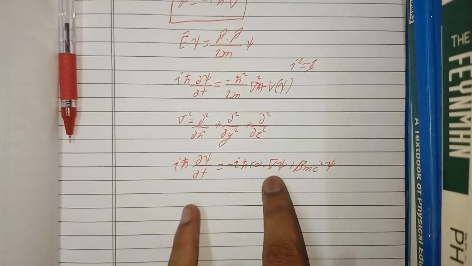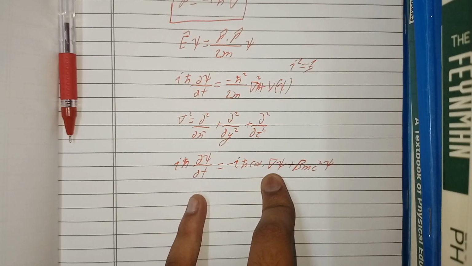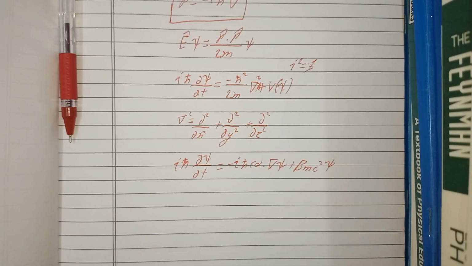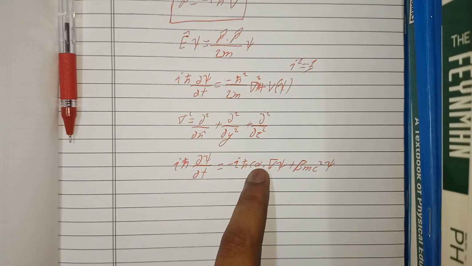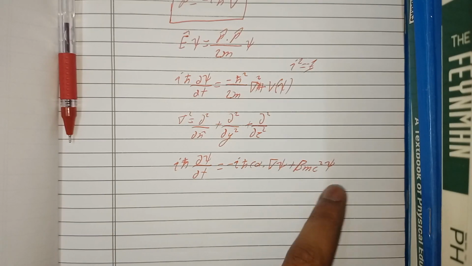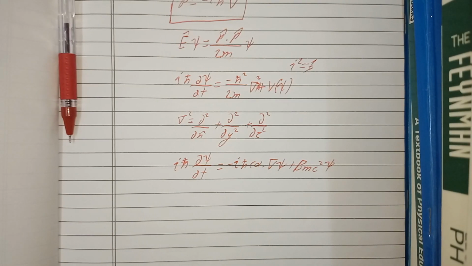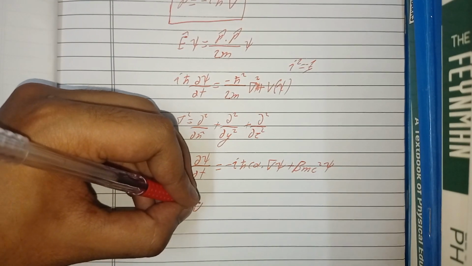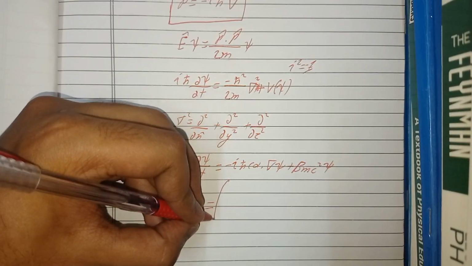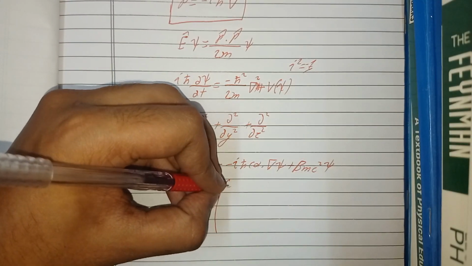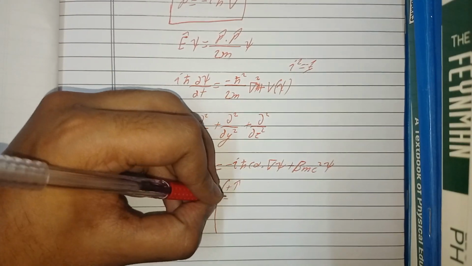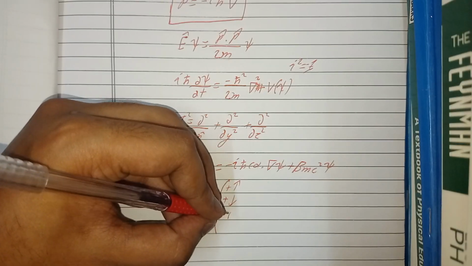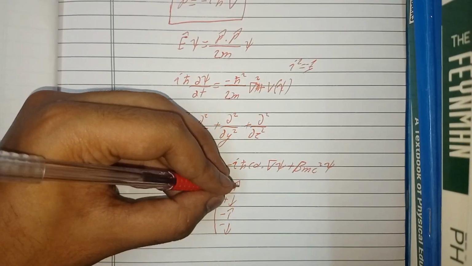Here we get the solution of this thing, and this wave function also produces a prediction of antimatter, because this wave function produces positive upspin, positive downspin, negative upspin, and negative downspin.